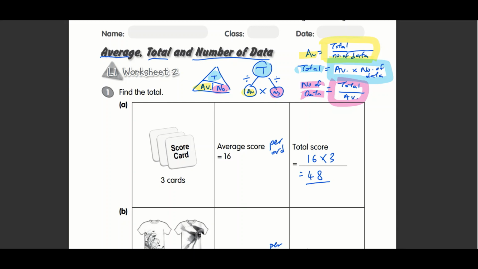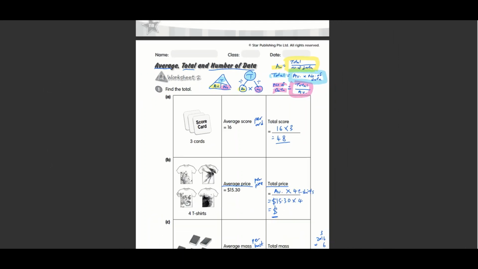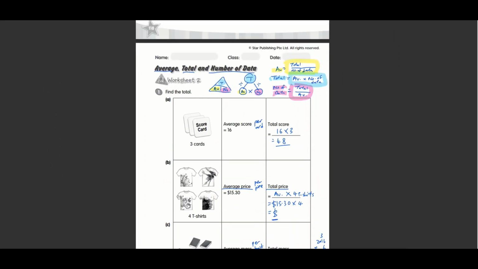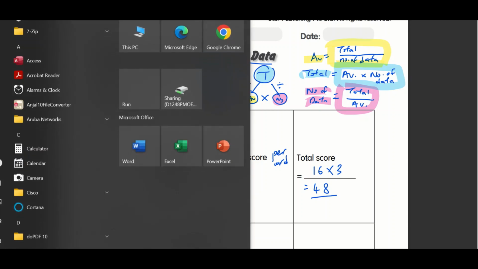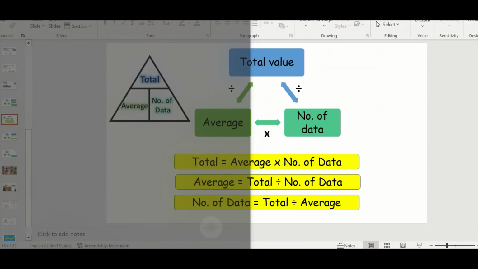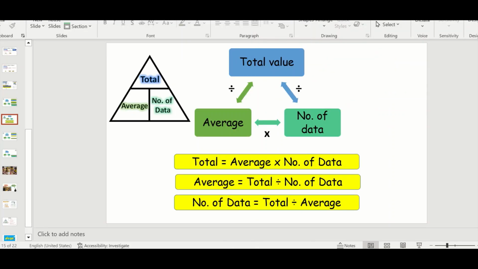Okay, so on page 119, I've written this little note at the top right hand corner. I'll use this moment to share a quick recap on what we have learned on average. Previously we talked about this relationship triangle.